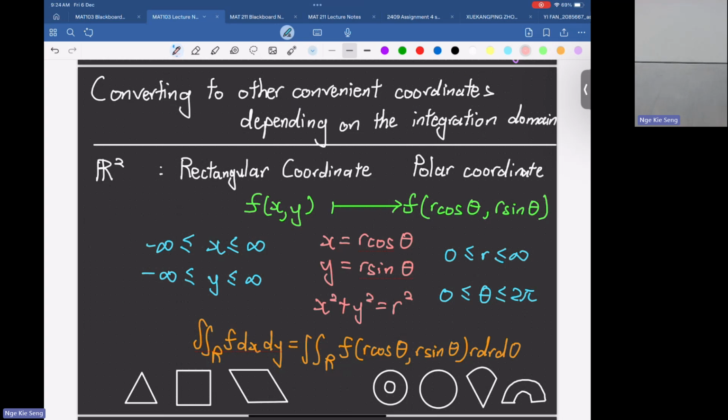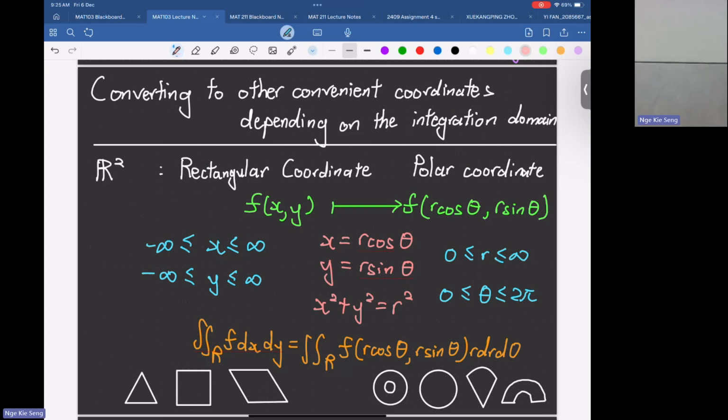Why is one favored over the others? This really depends on the integration domain you have. If you integrate over a rectangle, maybe a triangle, or a variant of a trapezoid, then you would use rectangular coordinates. But if you integrate over a circle, or an annulus, or half an annulus, then polar coordinates will be favored.